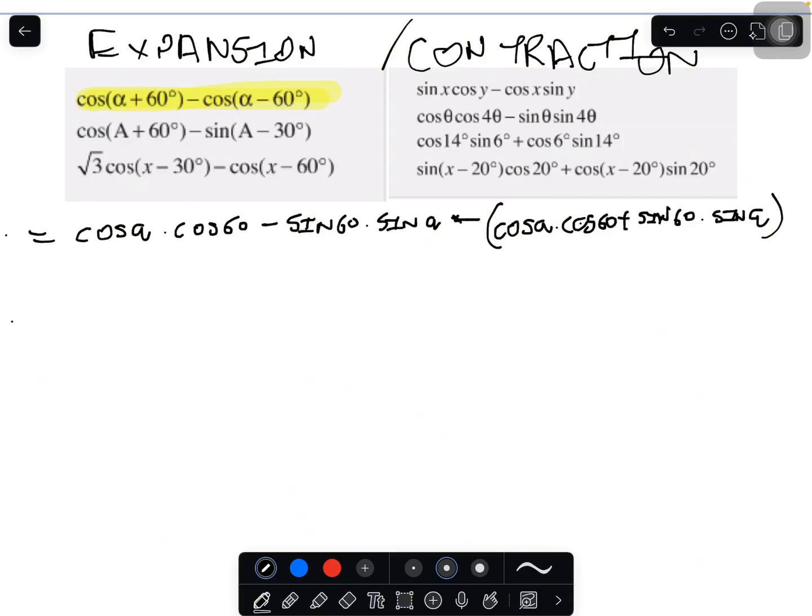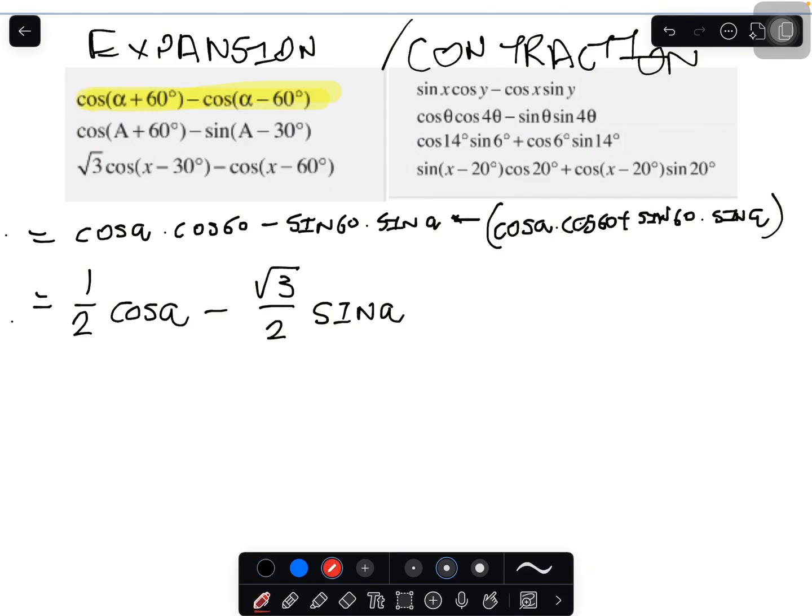So we then go and work with this, and we're going to now simplify this. So we know that cos 60 is equal to a half, so we'll have a half of cos alpha minus, we know the sine of 60 is equal to root 3 over 2, so this is root 3 over 2 sine alpha.